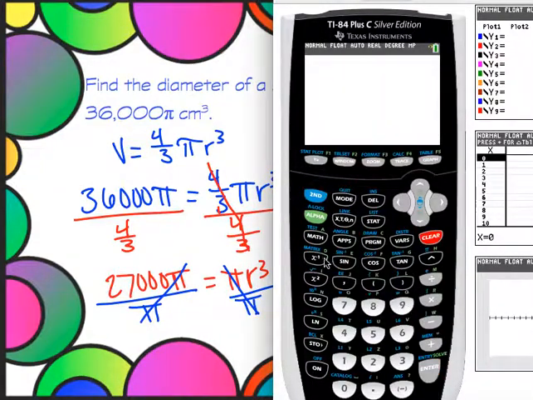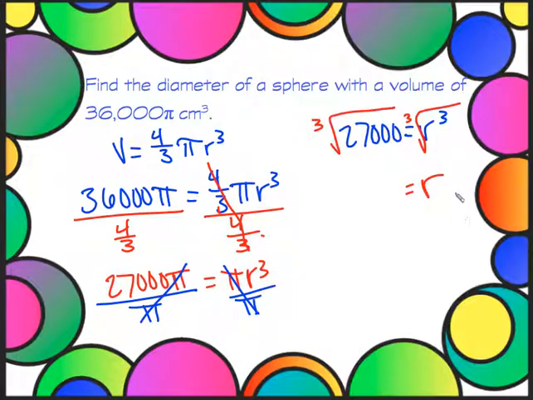Hit this handy dandy math button, and it is number 4. So the cube root of 27,000, and you get 30. So our radius is 30. However, it asks for our diameter, so we double it and we get 60 for the diameter.